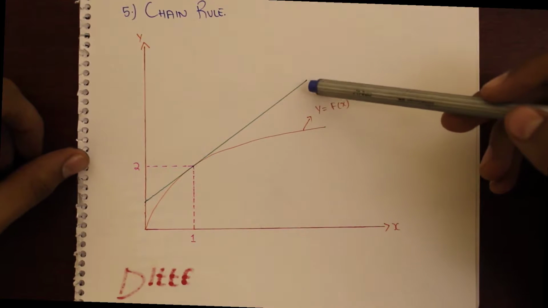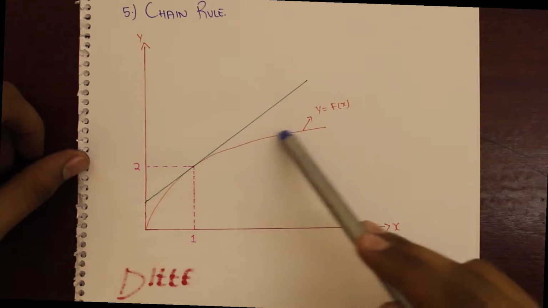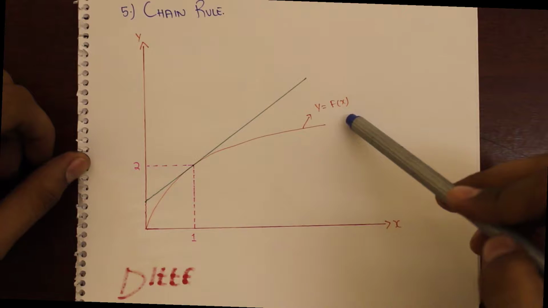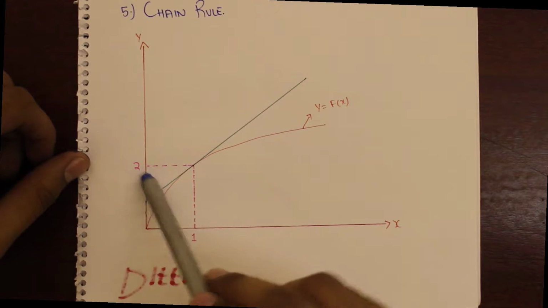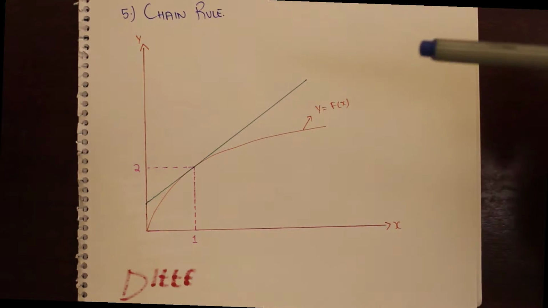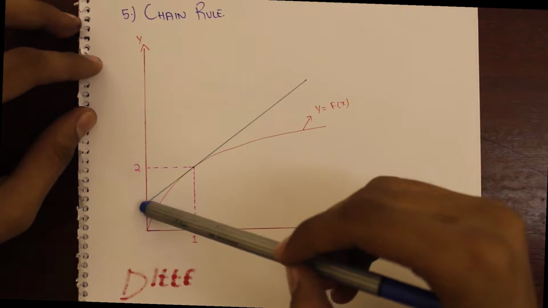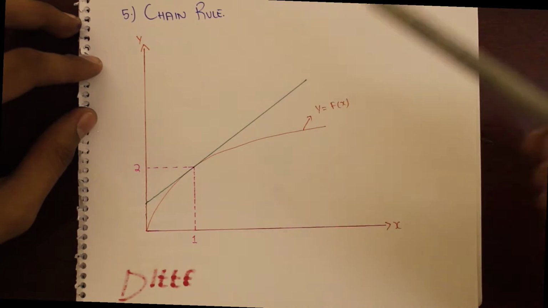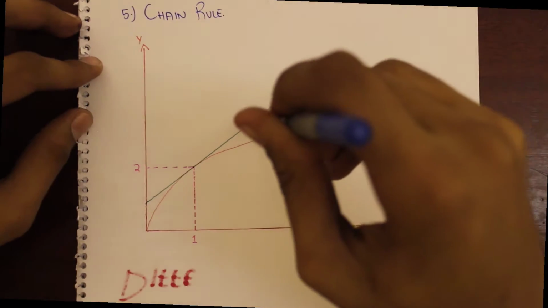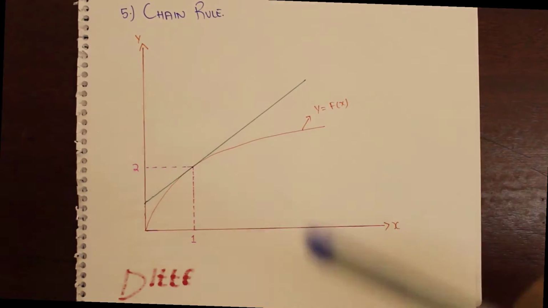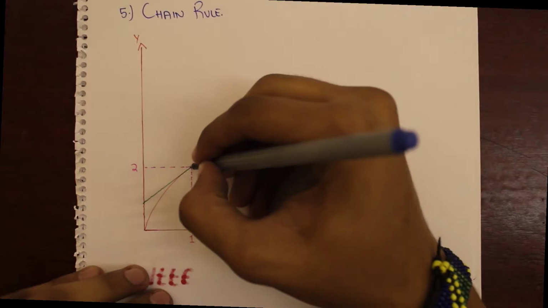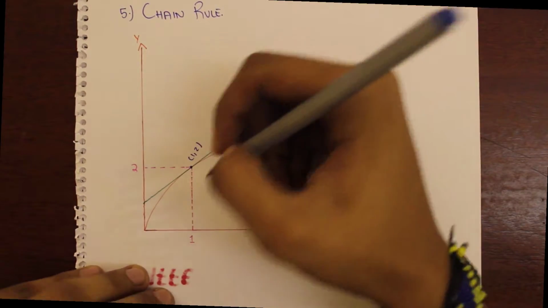So over here we have a graph. Y is equal to f of x with the point 1, 2. Now we all know that in order to find the gradient at 1, 2, we'll have to draw a tangent and then calculate the gradient of that tangent, and the gradient of that tangent will be the gradient at that specific point 1, 2.